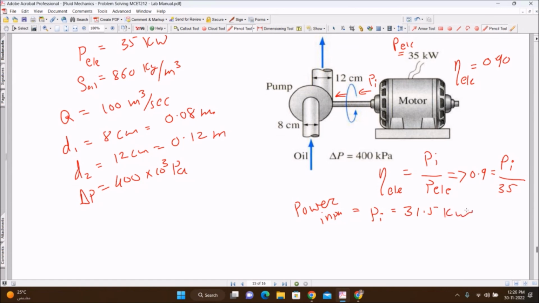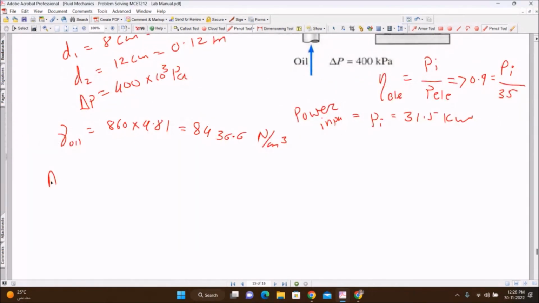Now the density of oil is given to you, so we can find the specific weight of oil equal to 860 into 9.81. Find out the area: A1 is equal to pi by 4 D1 square.